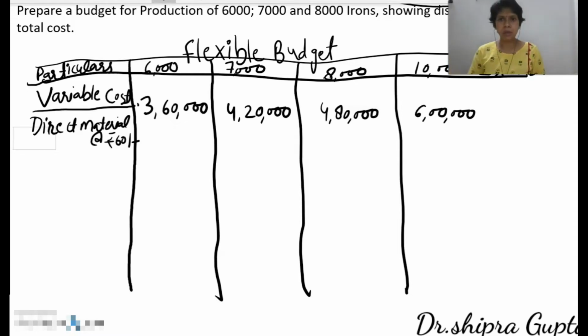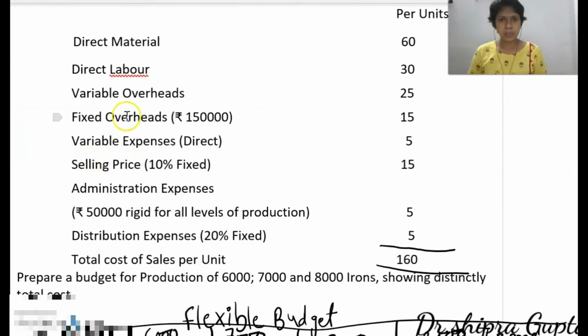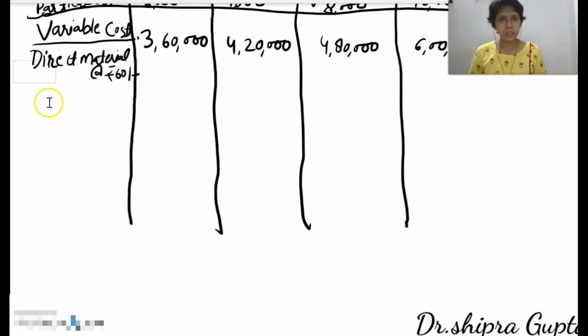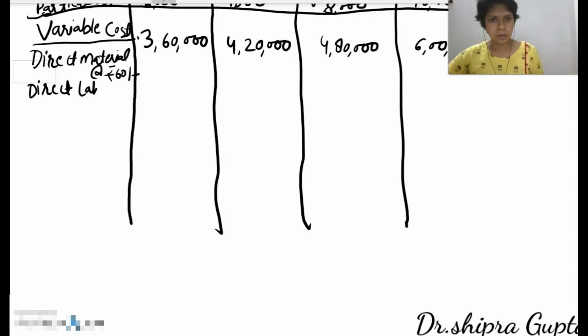In this manner, the next variable expense is direct labor at the rate of rupees 30 each.